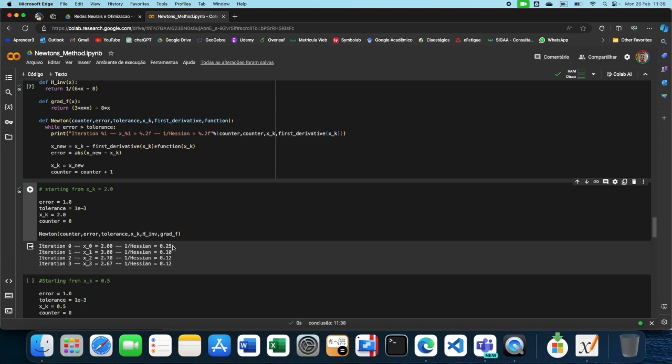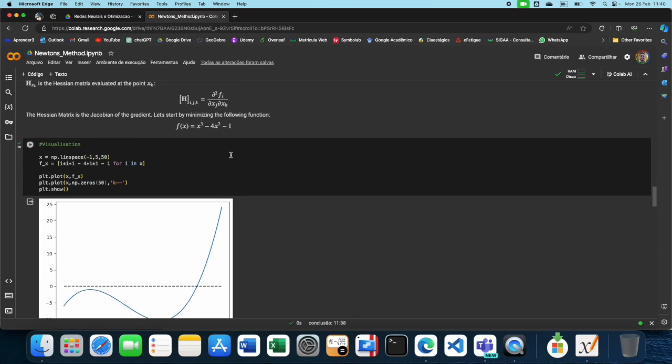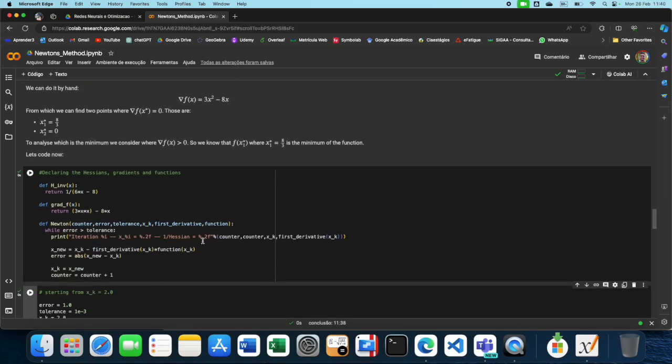In the next videos, we are going to study a little bit about gradient descent methods and stochastic gradient descent, and we are going to see that these methods are almost the same, but here instead of using the Hessian matrix, we are going to use a scalar value, a floating point number, which will not change every iteration.